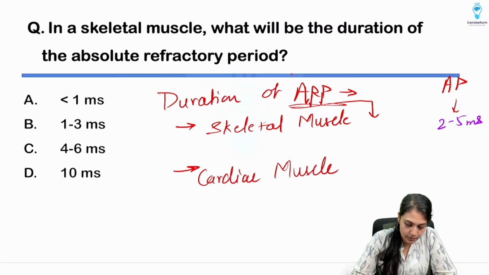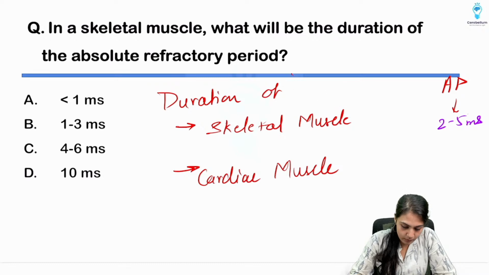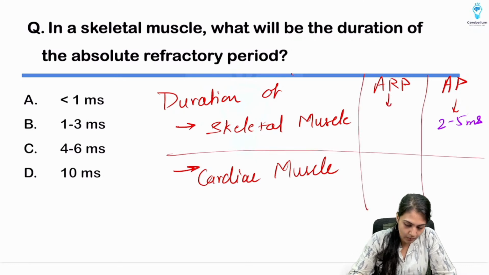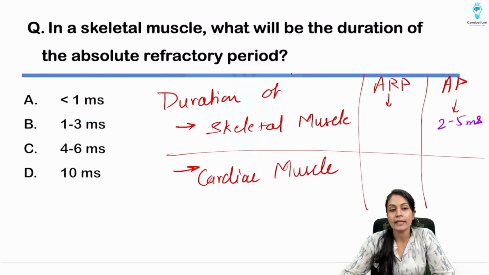In the skeletal muscle it is different. I'm just going to write ARP over here, and the whole action potential. So, the ARP of that is the answer that you are going to give me.